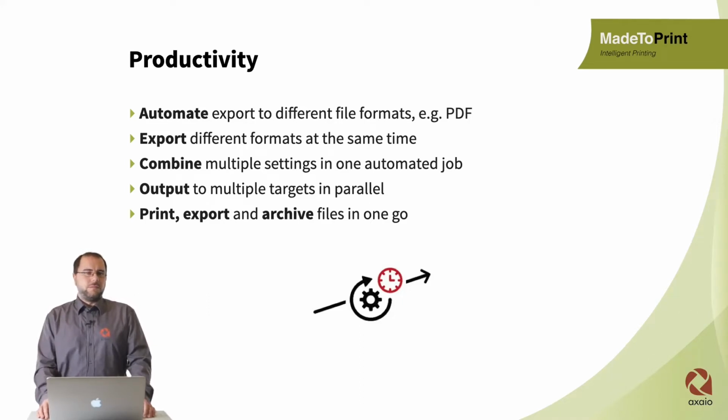You can store multiple of your output settings in just one automated output job. So for example, if you have your final InDesign layout ready, then you can print, export, and archive that in just one go.